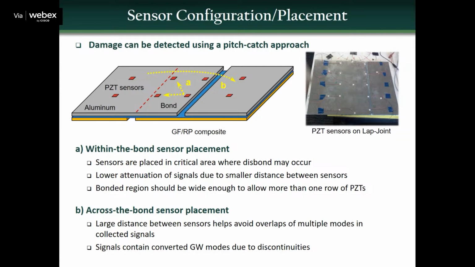So you can see the philosophy behind that: when you have knowledge of what you're looking at, or if you have limited knowledge, then how you can choose your sensing and data processing strategy. This is the actual sensor placement for the fabricated lap joint with dissimilar materials.